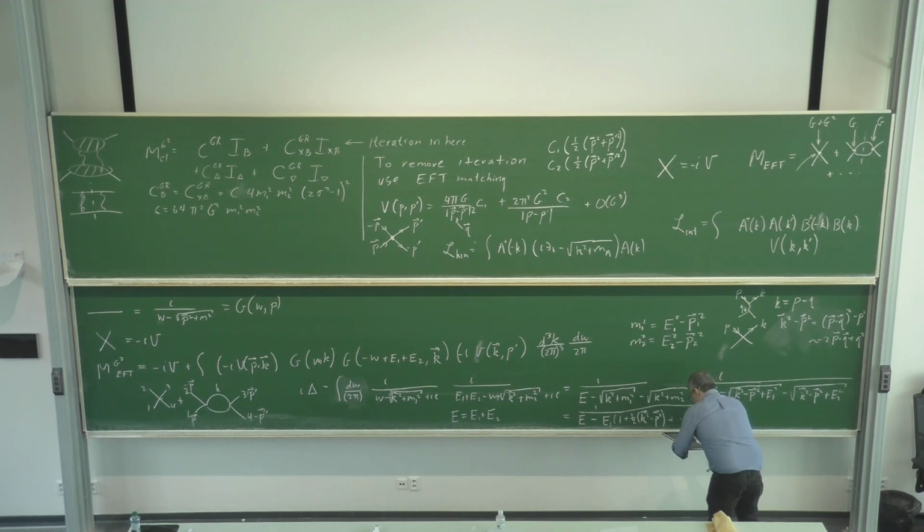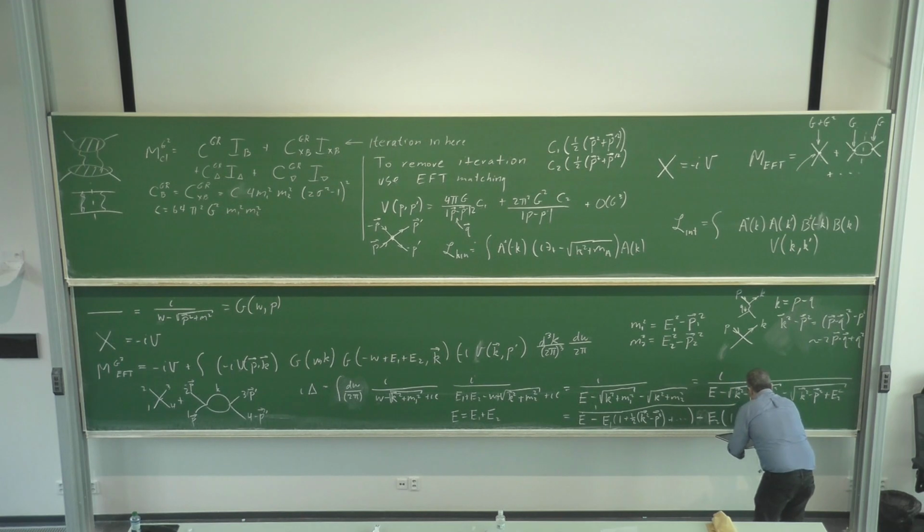And then we're going to series expand this guy. This is small, that's large. Plus, that should be minus E2, and then 1 plus 1/2, and then it'll be k squared minus p squared.